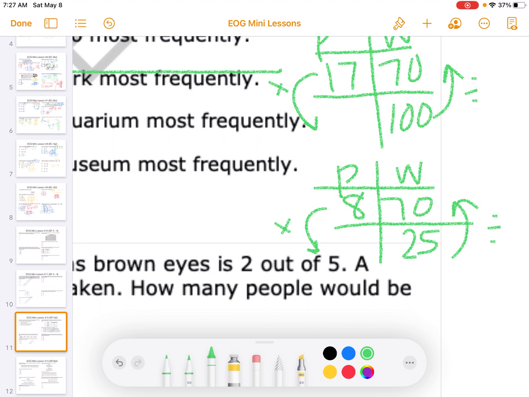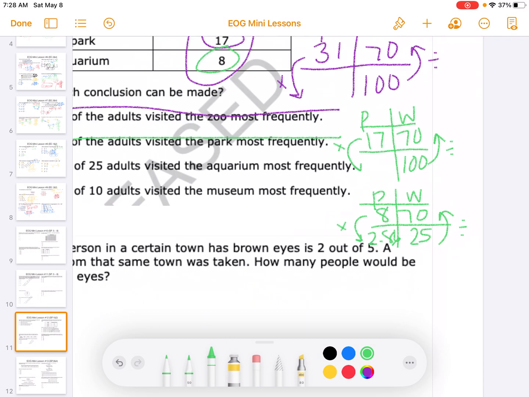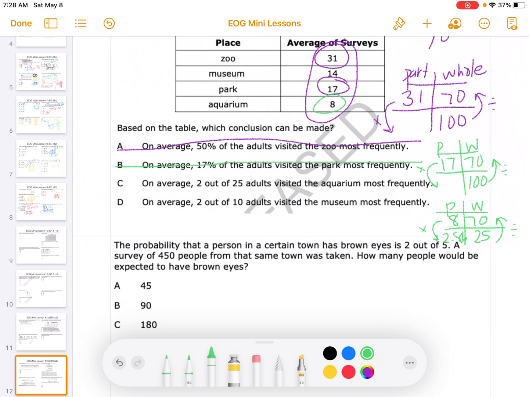So 25 divided by 70 times 8. 2.85, so 2.86. And that's not true. It says on average 2 out of 25. Nope. So let's hope it's D, otherwise we've done something wrong.